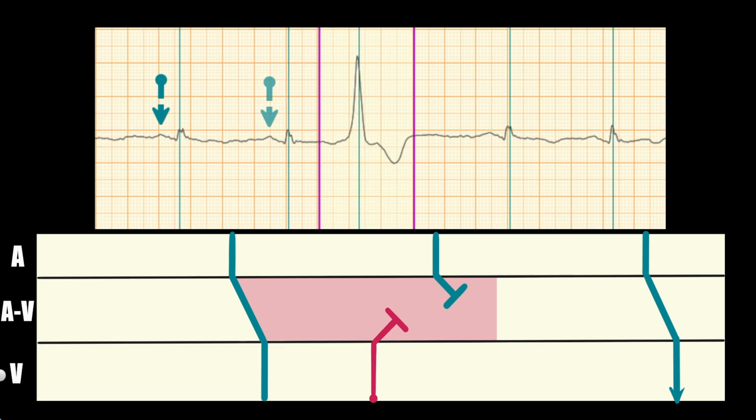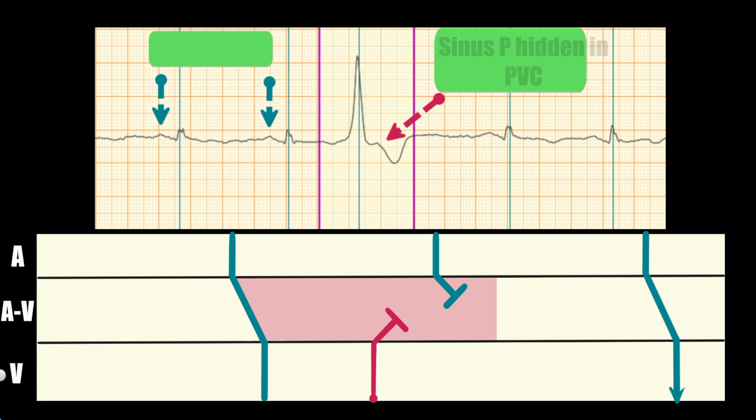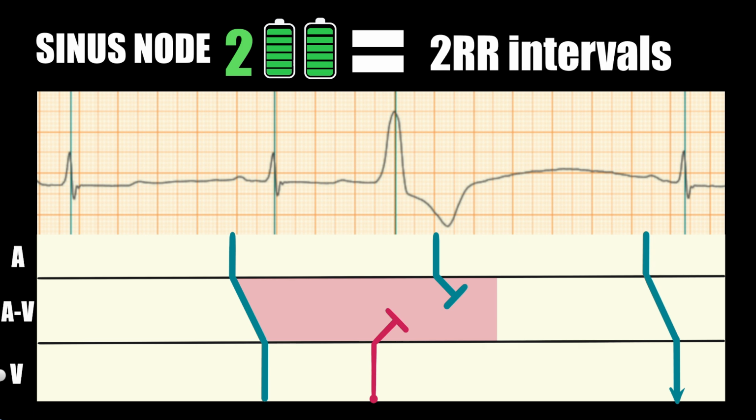The P wave from the sinus impulse which was not conducted can be found in the ST segment or T wave of the PVC. So 2 full charging times of the sinus node explain the duration of the complete compensatory pause, which is equal to 2 normal RR intervals.